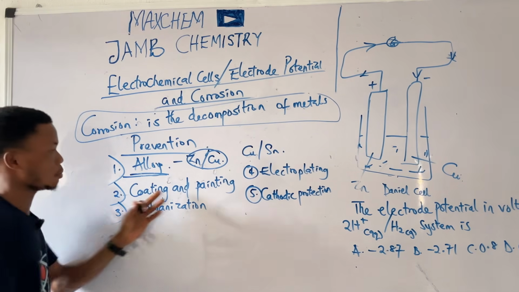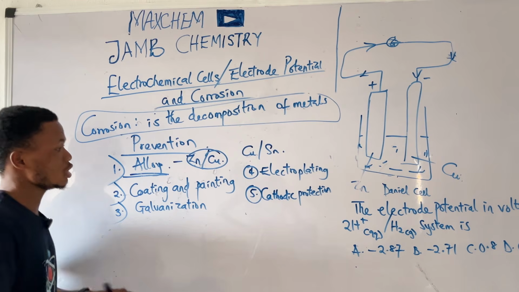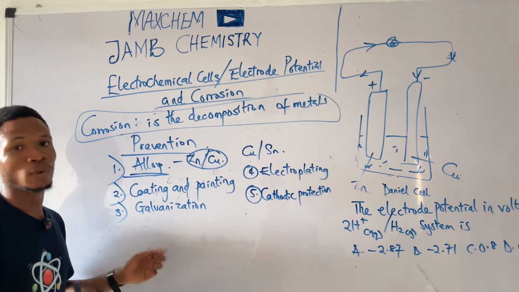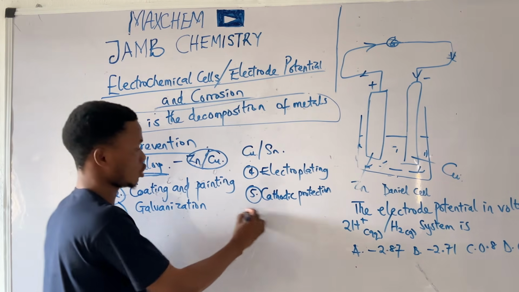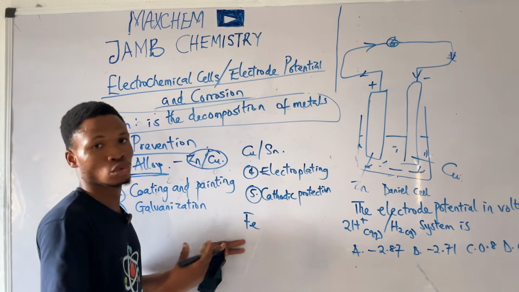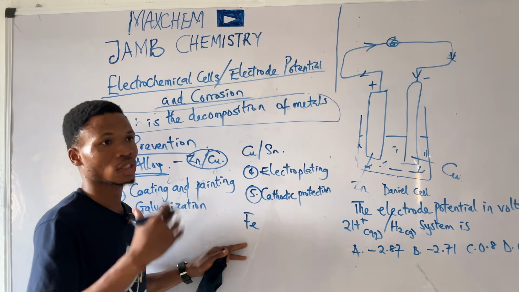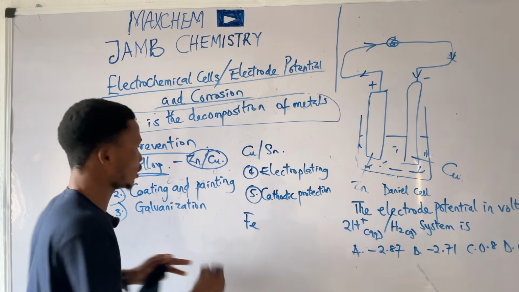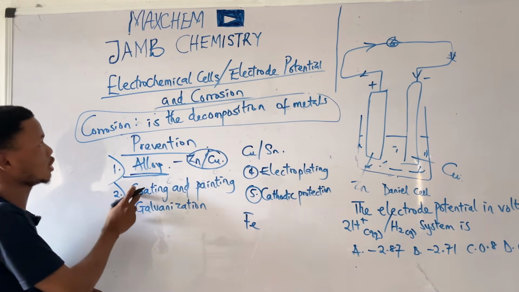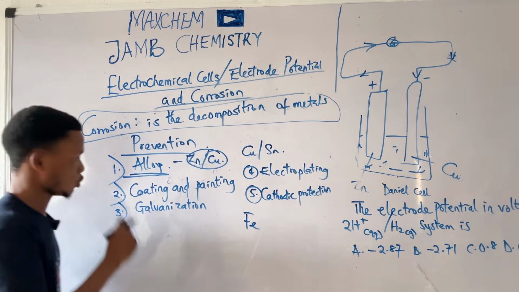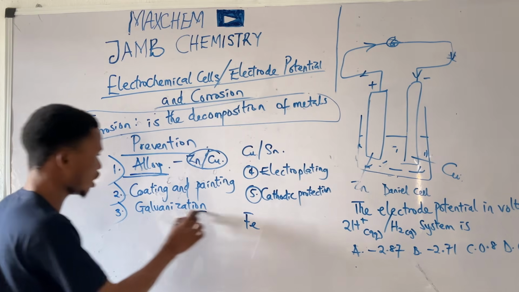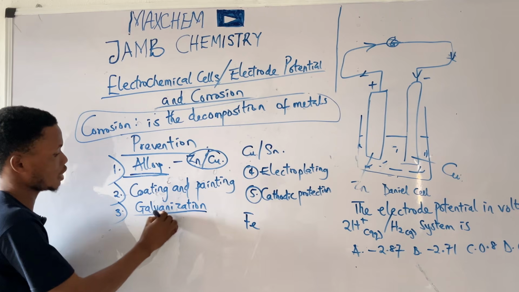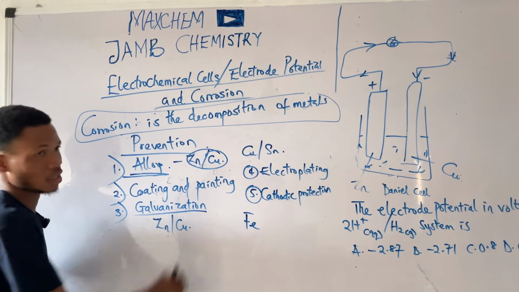Now for coating and painting, this one is very popular with iron. When you don't want iron to rust, you can coat it with paint. So that is another method to prevent corrosion. Another method is galvanization. This one involves placing zinc on copper.